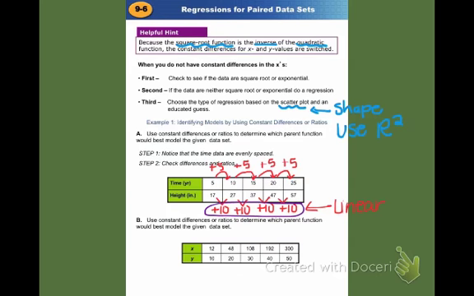Okay, the next example, we look at data, and we don't know specifically what the x and y represent here. We don't have any real life connection, but the x values are 12, 48, 108, 192, and 300. So clearly the x values are not changing on a consistent basis.